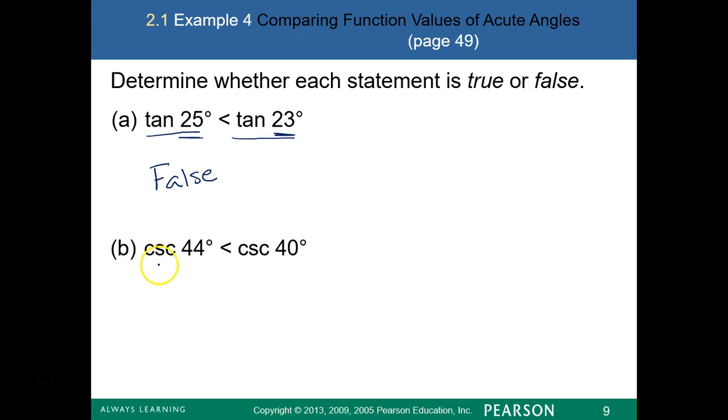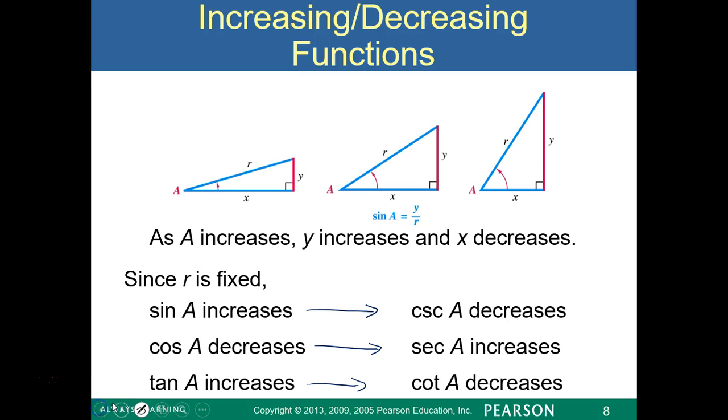Okay, now let's look at the next one. Cosecant of 44 and cosecant of 40. So again, on that same interval from 0 to 90, as the angle increases, the sine of that angle increases, so the cosecant of that angle would decrease. So again, looking at the previous slide here, as our angle increases, our cosecant of our angle decreases.